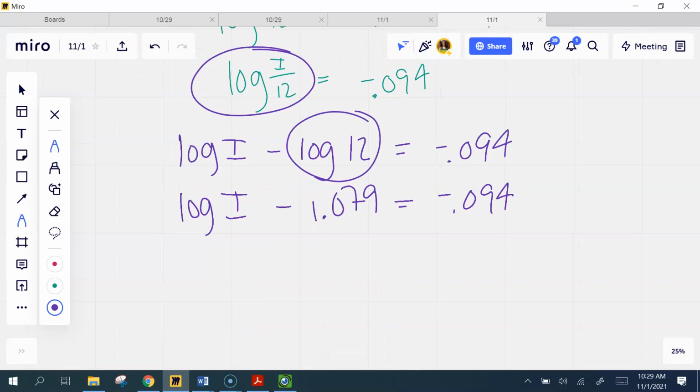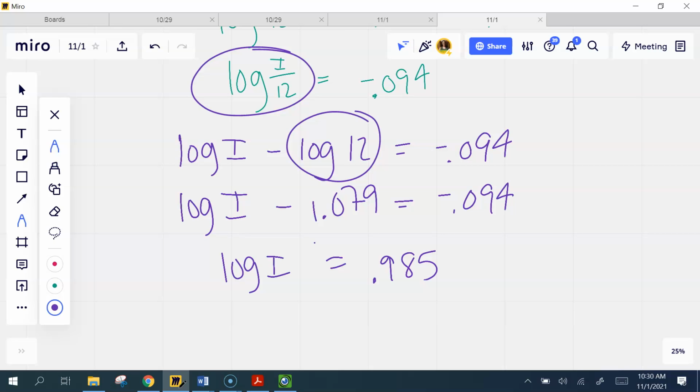Now what can I do? So this would be 0.985.